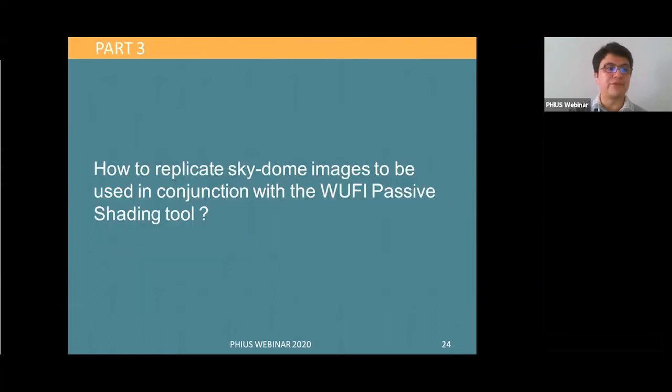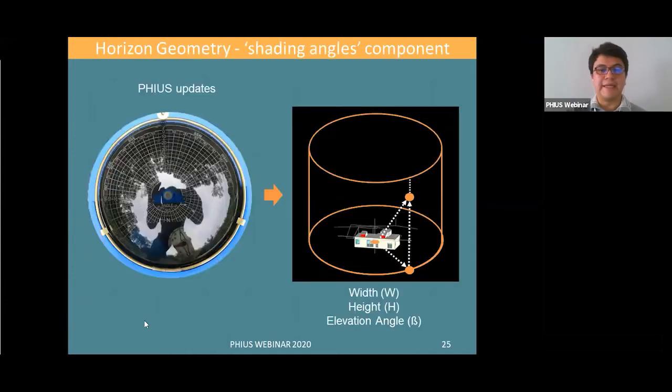In fact, to take advantage of the new WUFI passive shading, we target to calculate other reduction factors from an import geometry. So you don't need to enter these values numerically. In the next slides, I will show this process. We can use sky dome images to generate a shading component for WUFI Passive.